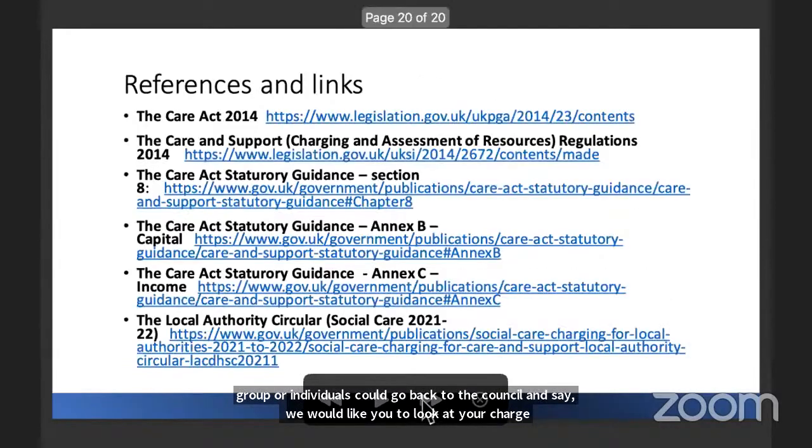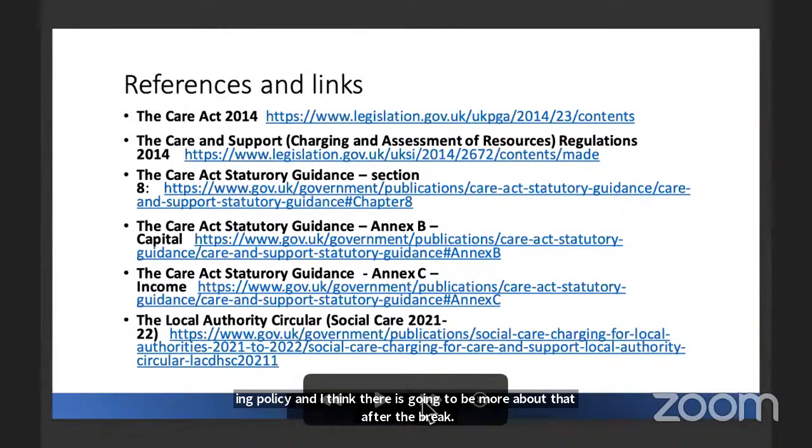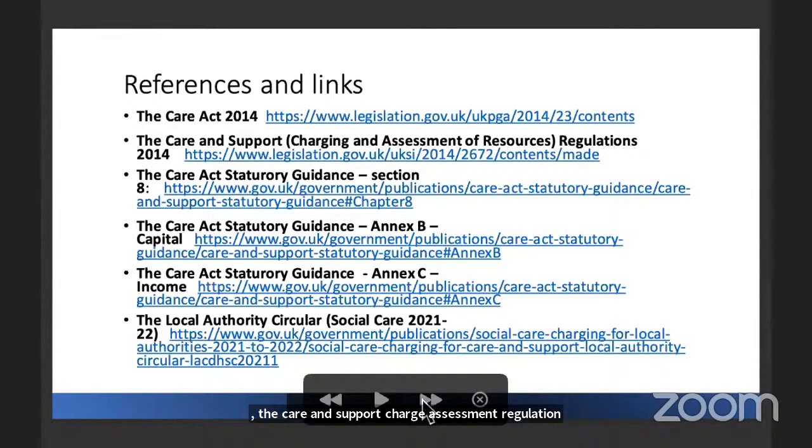So the last page is the references and links for the Care Act, the Care and Support Charging and Assessment regulations, the Section 8 that I've been talking about, Annex B, which Svetlana talked about, Annex C, which I mentioned with that long list, and the current rates, which were put around in the local authority circular.